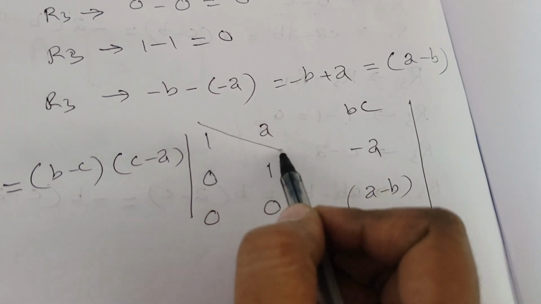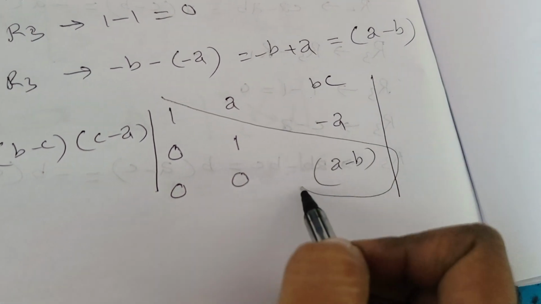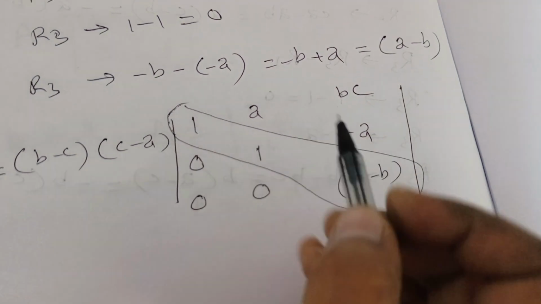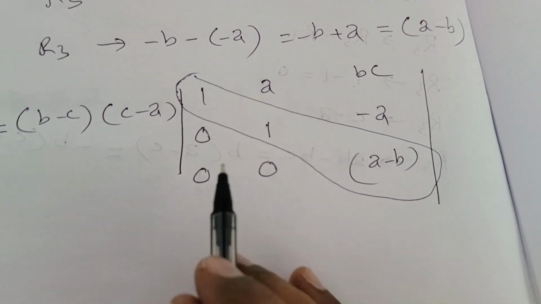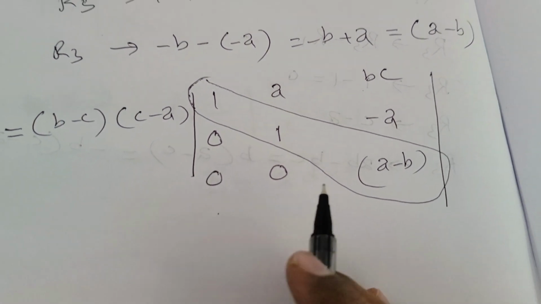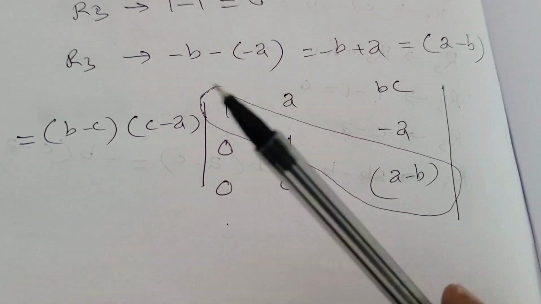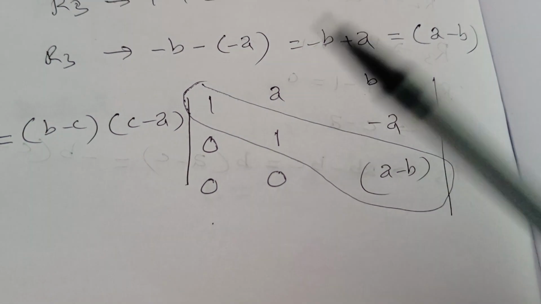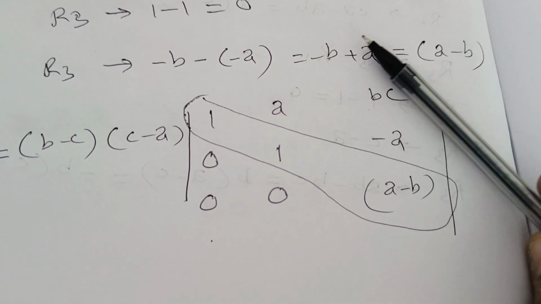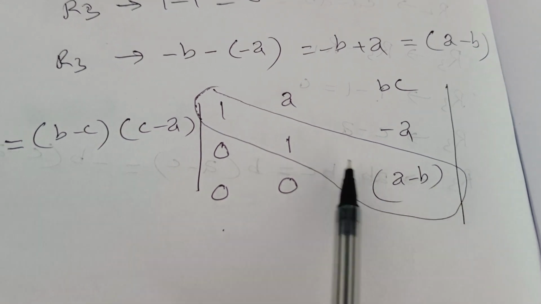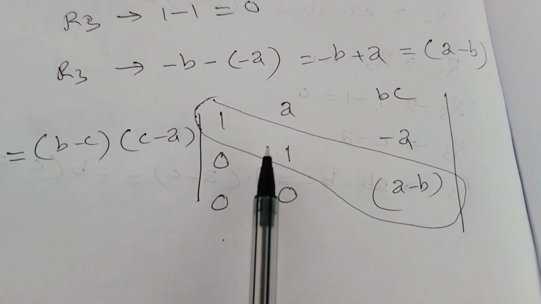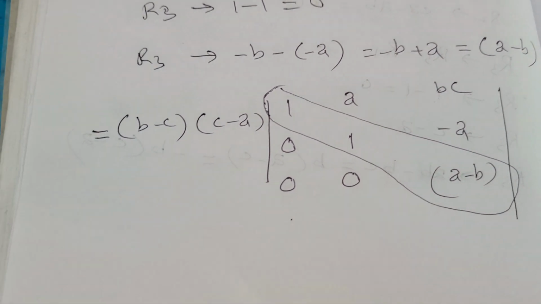Now this is our diagonal. Below the diagonal we have all the terms are zeros. 0, 0, 0. So if all the elements below the diagonal or above the diagonal are 0, then the product of the diagonal is the determinant value. Okay.